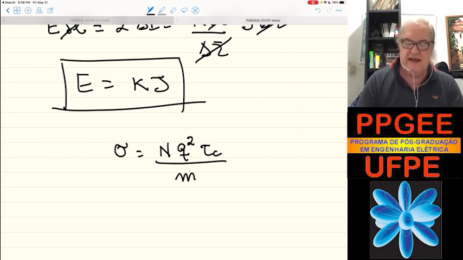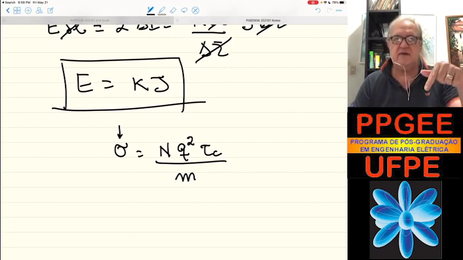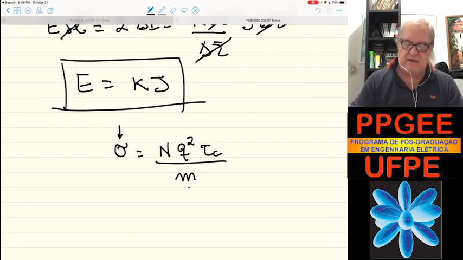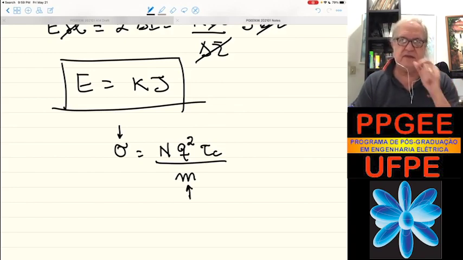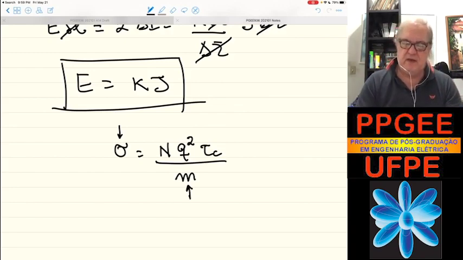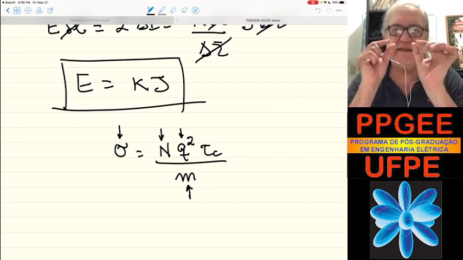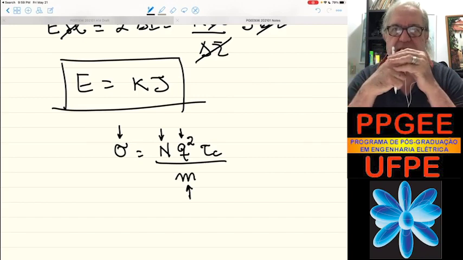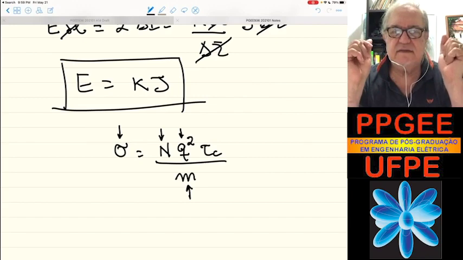Okay? So if we know the conductor, which is a macroscopic material, I can measure conductivity experimentally by using Ohm's law. I can determine the resistivity, then I determine the conductivity. If you have electrons that move in a conductor, you know the mass, you know the charge, and the density you can estimate, for instance, based on the distance between atoms in a solid, which is typically 3 angstroms approximately.